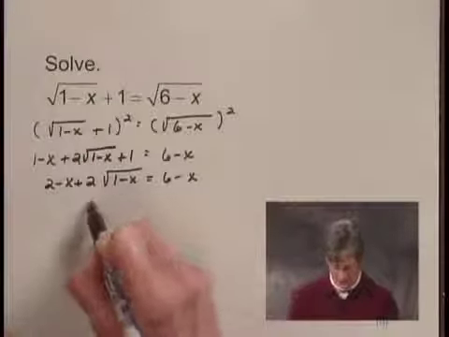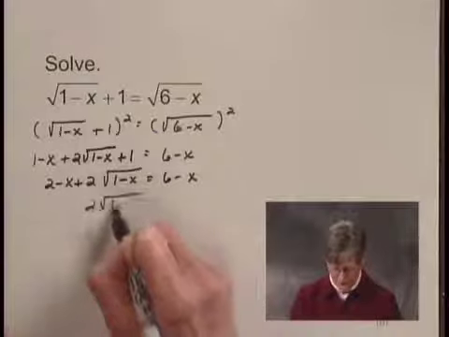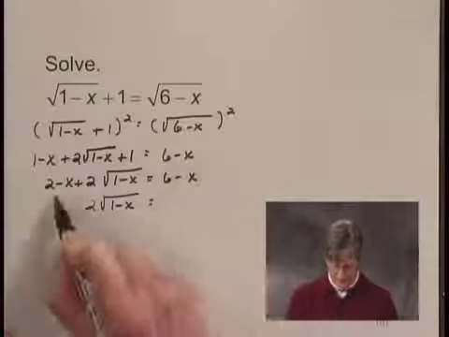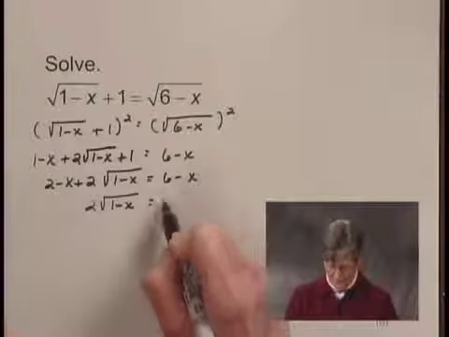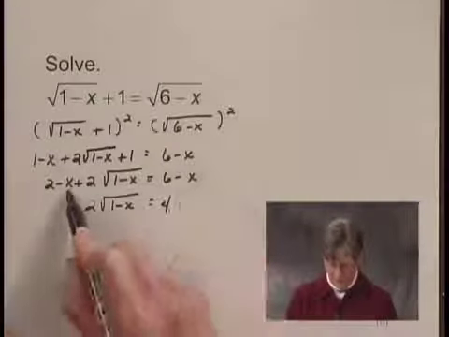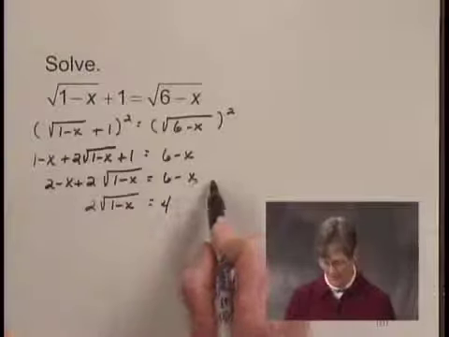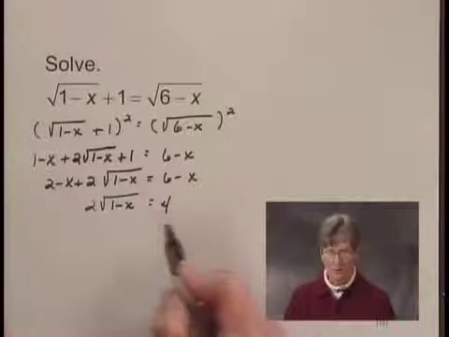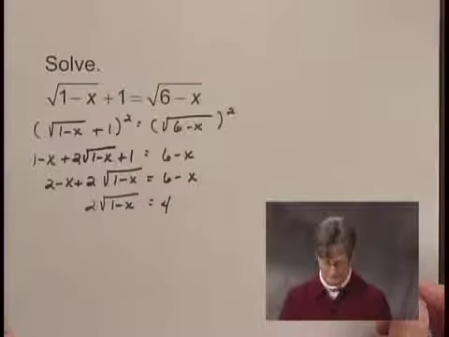And when I do that, on the left-hand side, I have 2 times the square root of 1 minus x. When I subtract 2 on both sides, I have 6 minus 2, or 4. And when I add x on both sides, I have the opposite of x plus x over here, or just 0. So I have 2 times the square root of 1 minus x equals 4.